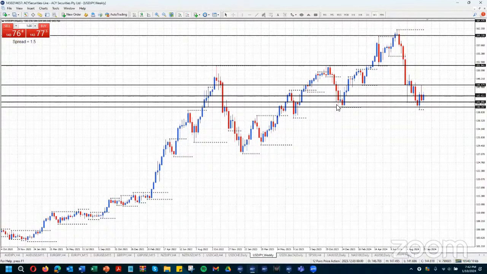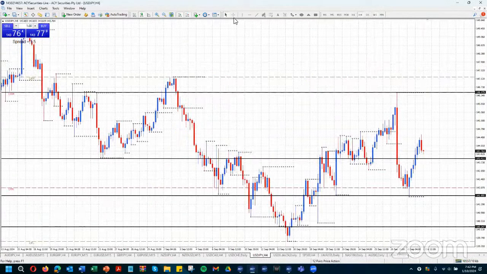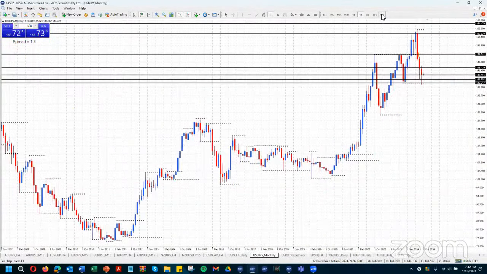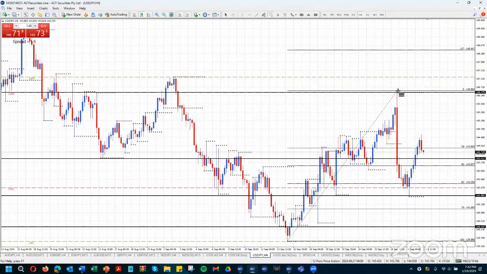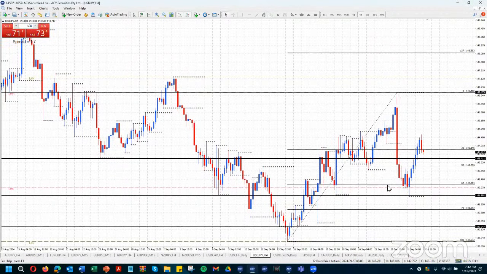Now, do we get very much down the range? So to the 4-hour chart, last month's range. This candle. I would look at this low to that high, and watch from the 79% level down to that low.